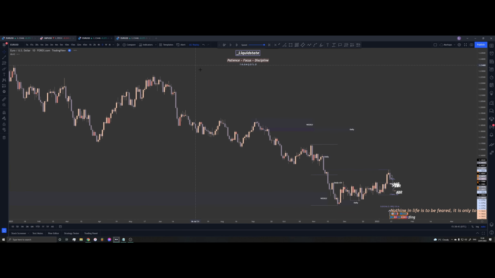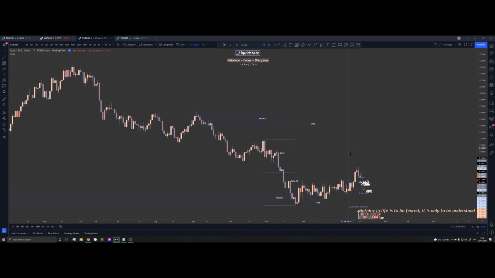So for daily, this short would be counter daily order flow, because we get this daily change of character here. So we're bullish order flow on the daily. We take this high again here, and then we come lower and then take the high.